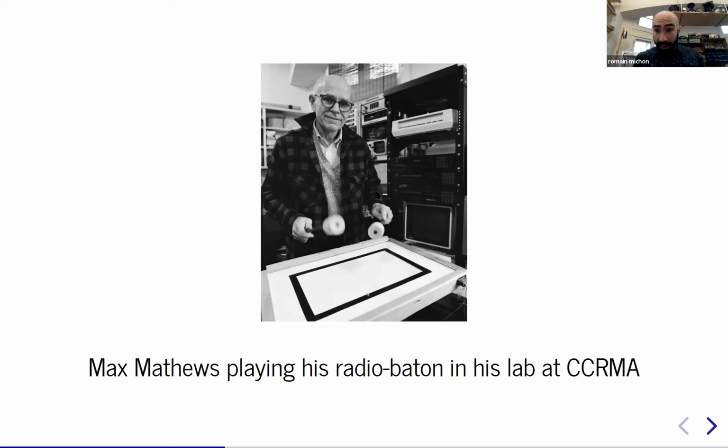And when he retired from Bell Labs, he moved to the Bay Area, and he became a professor at CCRMA. And he founded the Max Lab, and throughout his retirement, he started making digital musical interfaces. And Max Matthews was one of the first people to do this, probably actually the first person to do this.